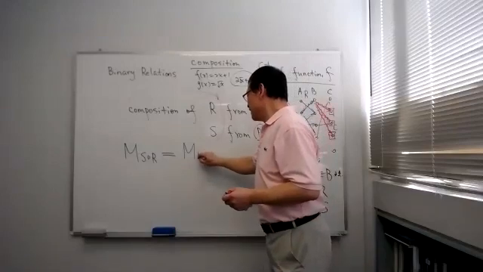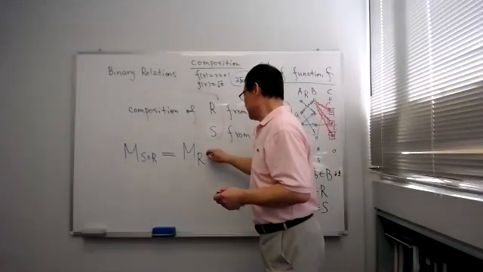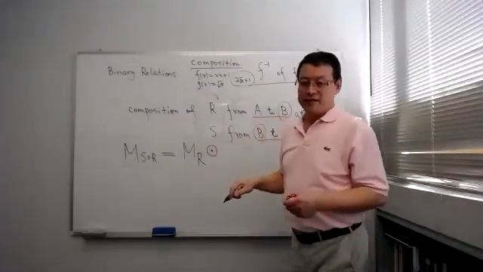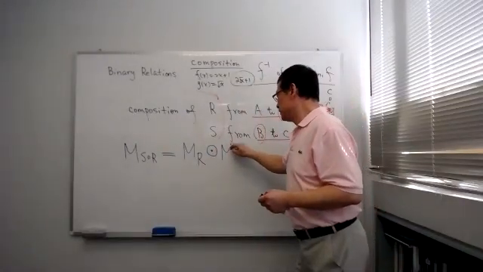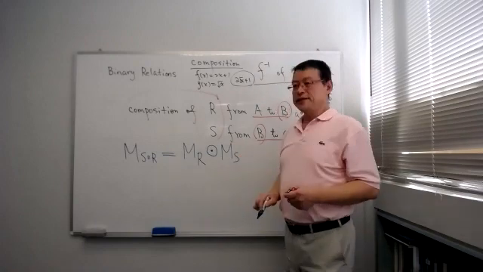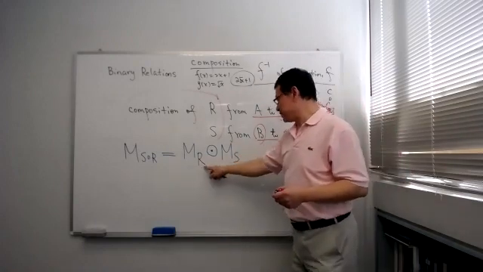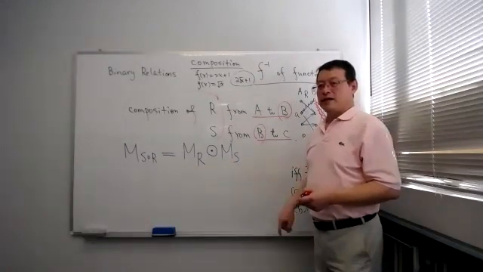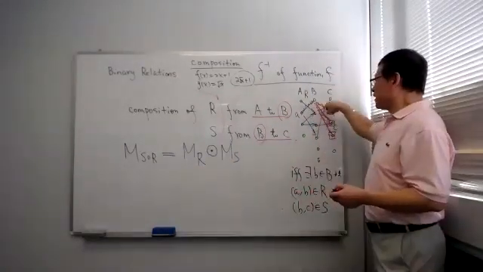Here it is R first, then S. In terms of matrices, it's MR first, then MS. So basically follow this ordering.